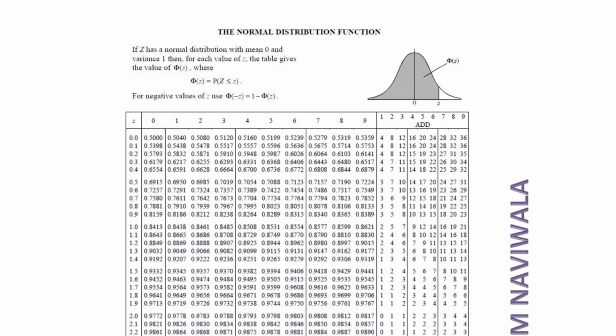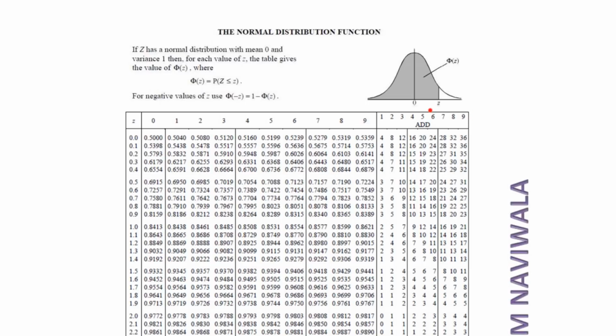Before beginning the question, you should have a clear idea on how to use the normal distribution table. This is the normal distribution table which is provided in your exam. In the extreme left column you have all the z values up to 1 decimal place. This is the second decimal place of the z value and this is the third decimal place.